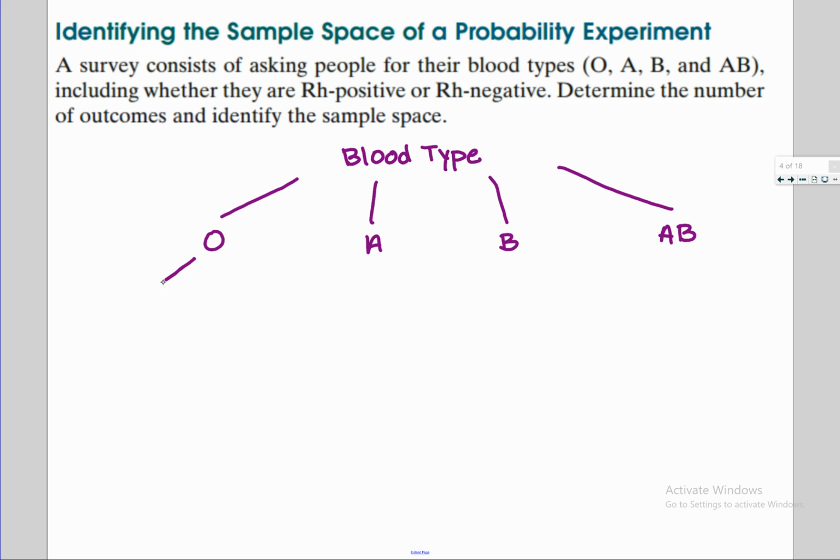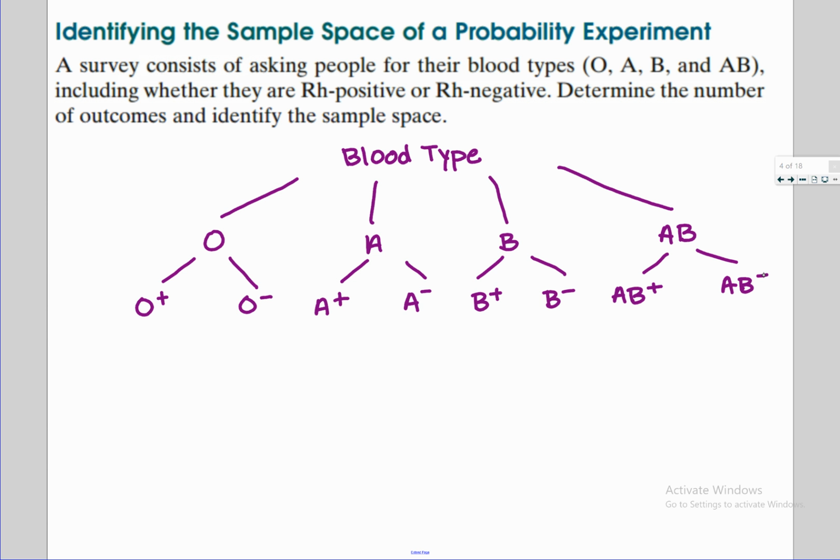For example, if my blood type was O, I could then be either O positive or O negative for that second question. And then A would be either A positive or A negative. B positive, B negative, AB positive, AB negative.